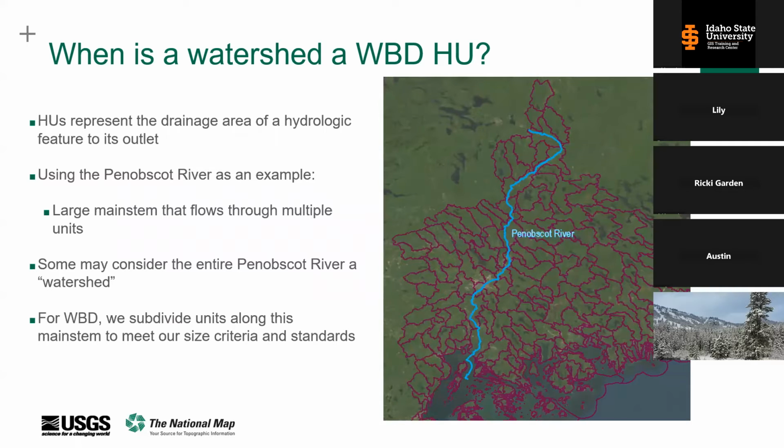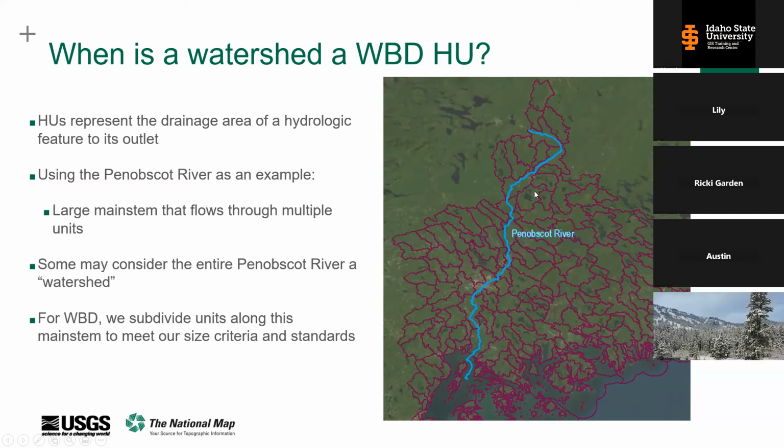The hydrologic units in the WBD represent the drainage area of a hydrologic feature to its outlet. So if we think back to that first graphic on the first slide, we pointed out those outlets for the various hydrologic units. Now, using the Penobscot River here as an example, the Penobscot River is a large main stem river. This is in Maine, and the Penobscot River flows through multiple hydrologic units.